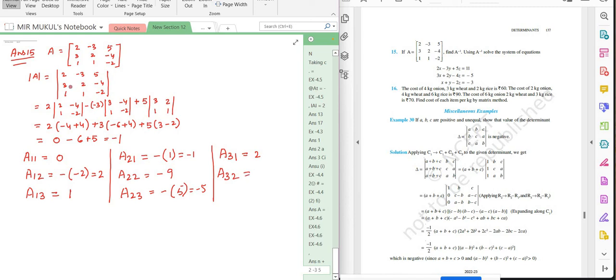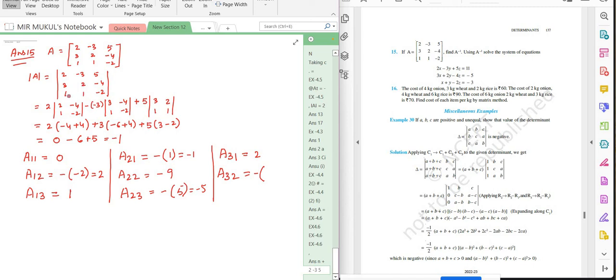Then A32: third row and second column removed, then minus 8, minus 15. How much? Minus 8, minus 15. First of all, here a negative sign you will put.